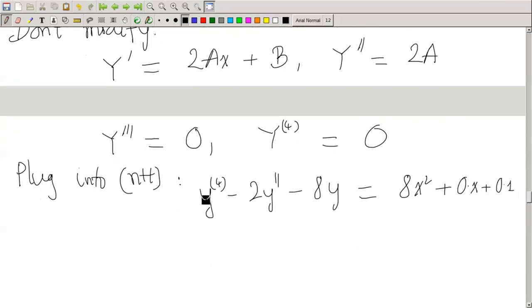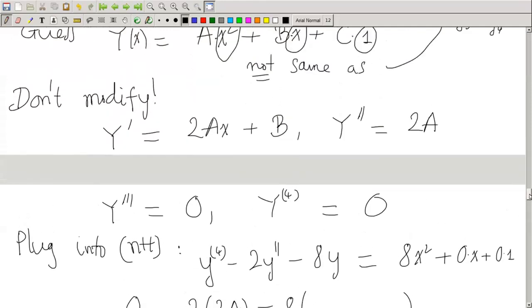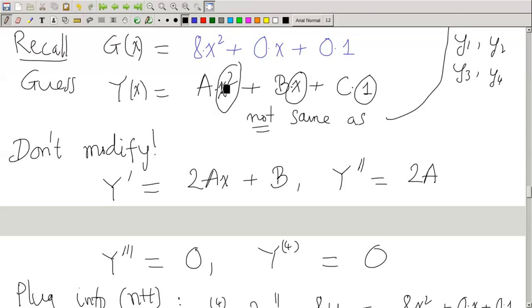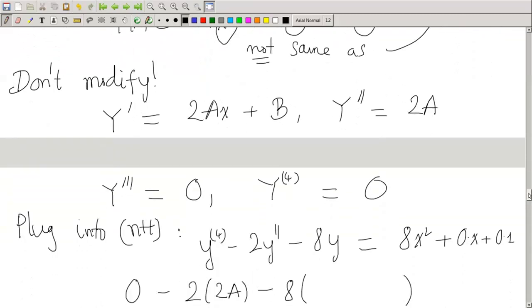Let's use the derivatives. The fourth derivative is 0 minus 2 times the second derivative above here, 2a, minus 8 times the function y, which is the full term, ax squared plus bx plus c.